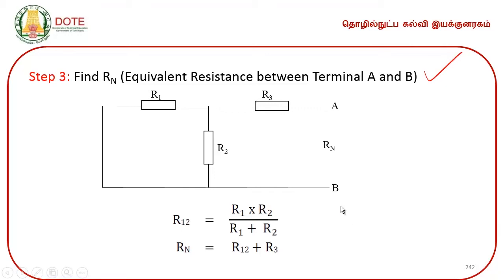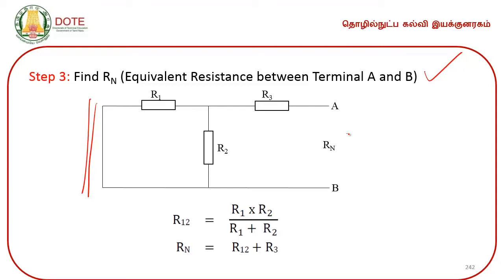This is exactly the same as your Thevenin's resistance. You replace all the voltage sources. Here we had a voltage source earlier, now it has been made short to find out the Thevenin's looking back resistance. In Norton's theorem, the terminology is entirely different. We call it an equivalent resistance.